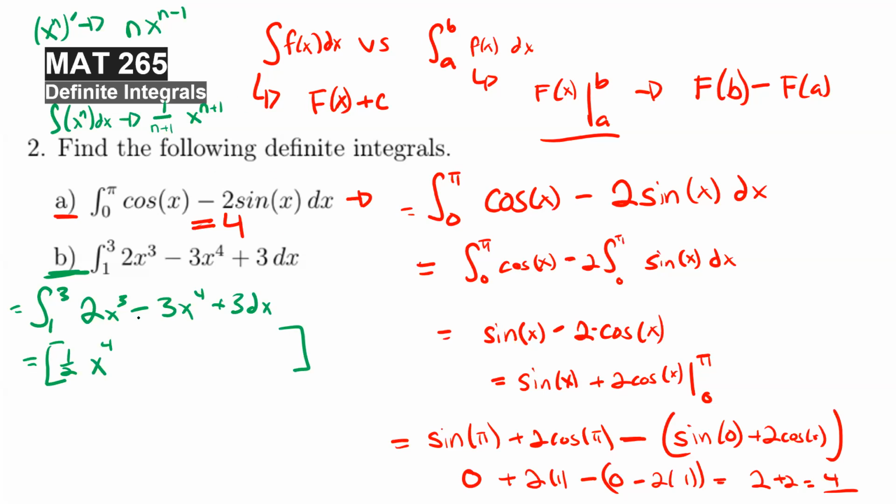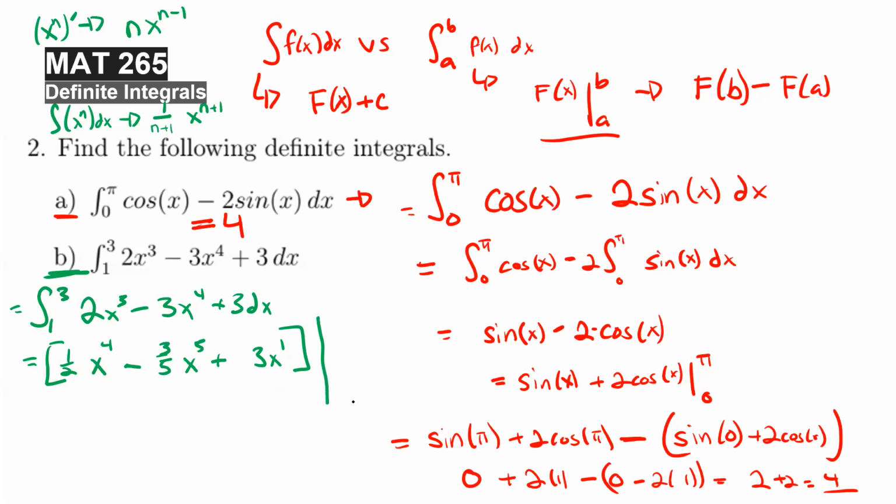We add 1 to the exponent and divide by that new exponent, and then we have minus x to the fifth times 3 divided by 5, plus 3 x to the first. We can divide by 1, which is the same as doing nothing.